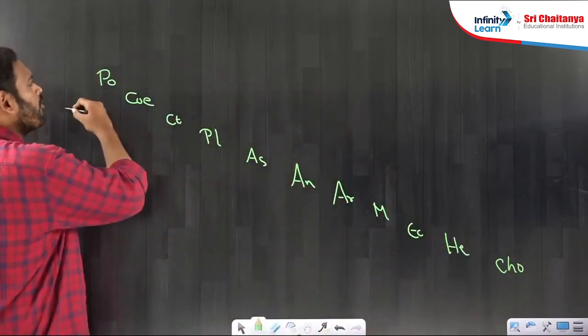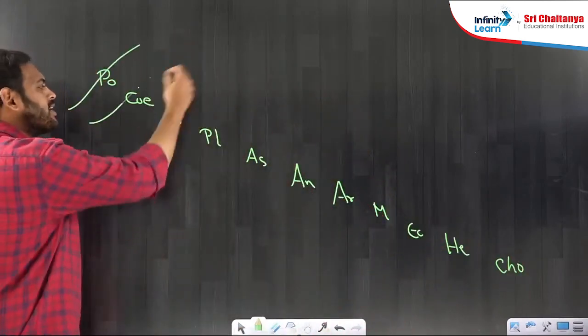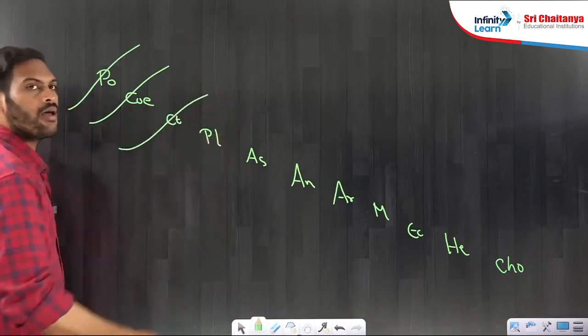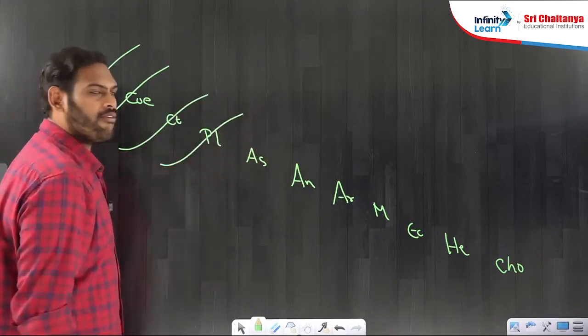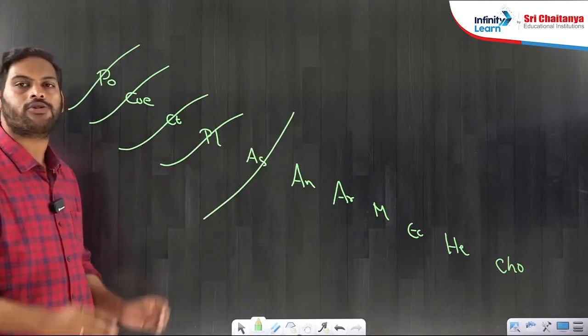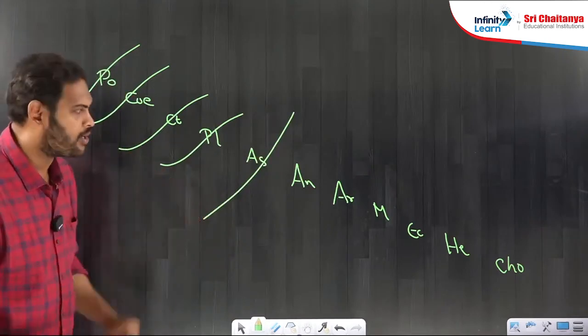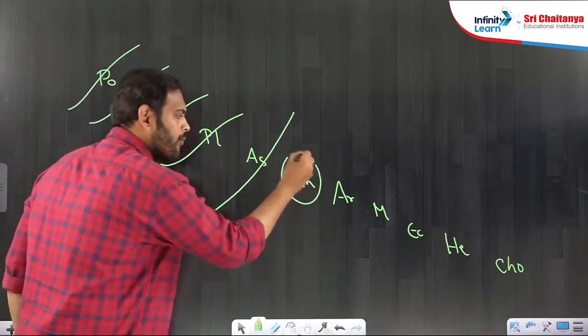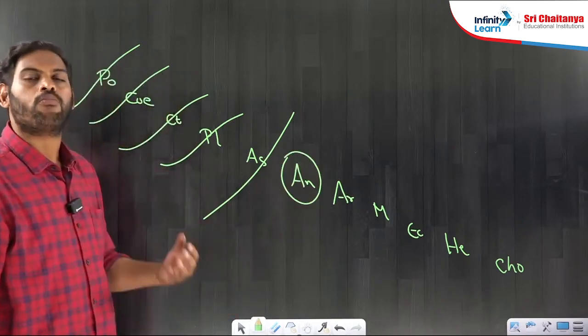In case of Porifera, Coelenterata, Ctenophora, Platyhelminthes, even in Aschelminthes also, respiration happens through simple diffusion through body surface. In case of Annelida, it happens through moist cuticle.